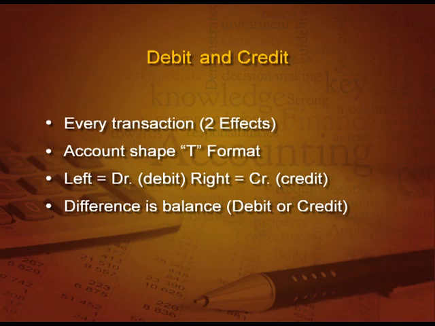Now, let us understand another very important aspect of accounting, that is debit and credit. As you know, this double entry system was started by Lucas Pacioli, an Italian mathematician. He first used these words debit and credit.